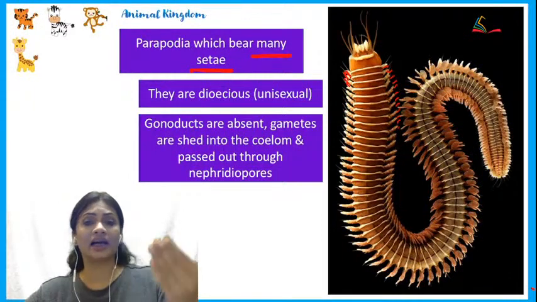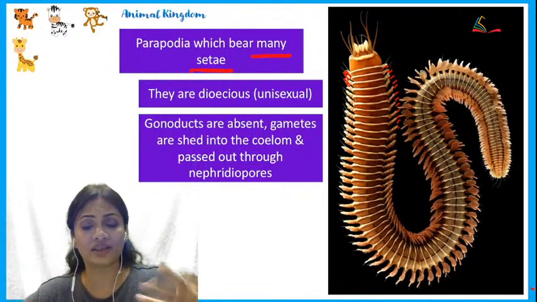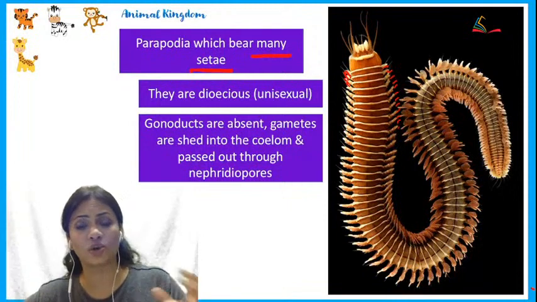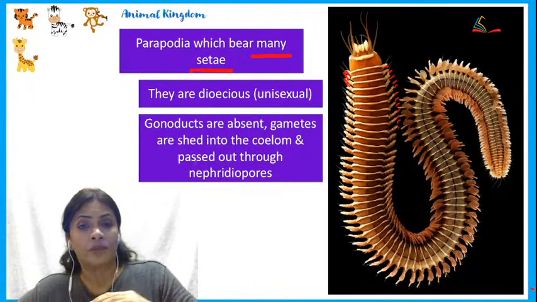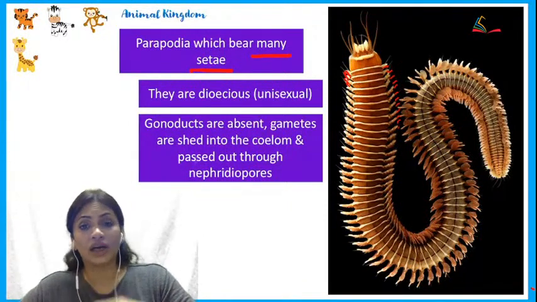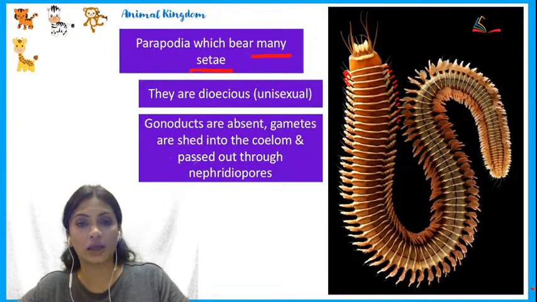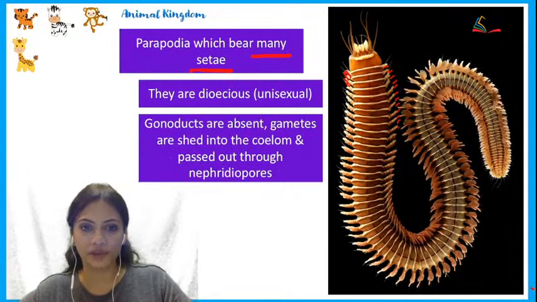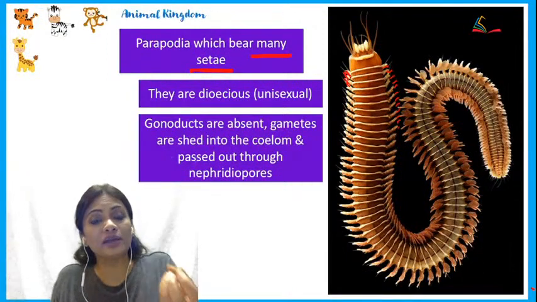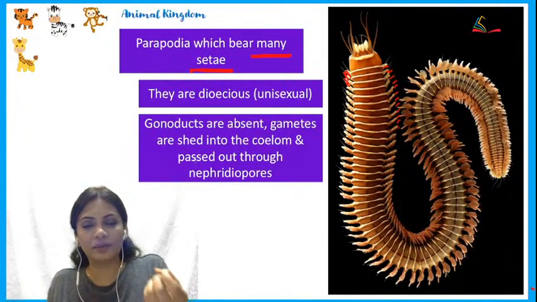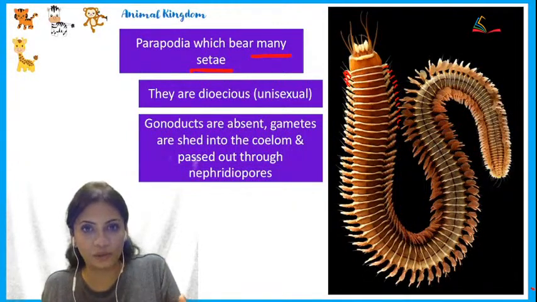In males, ducts are present like the vas deferens, or in females you have fallopian ducts. Here those gonoducts are absent. So when the gametes are produced in the gonad, they will be released directly into the body cavity.